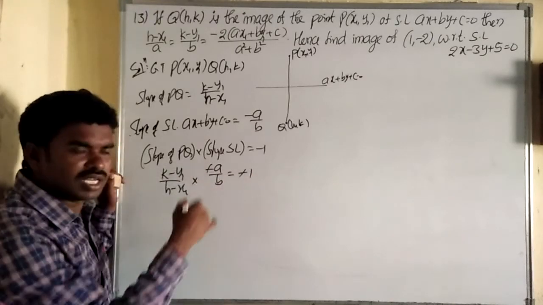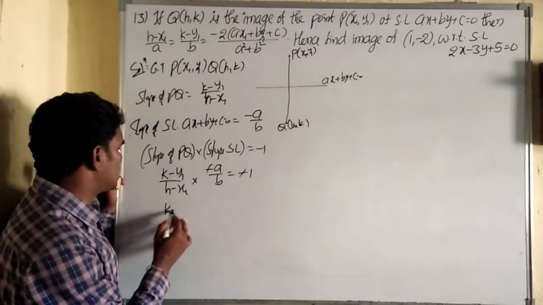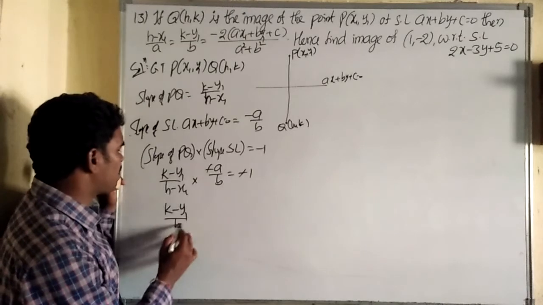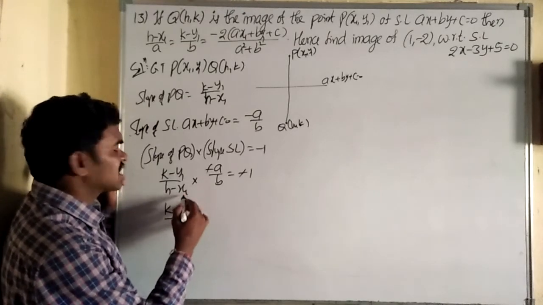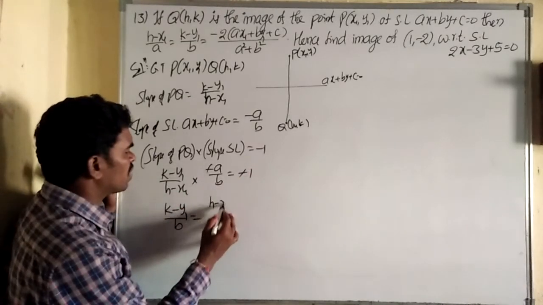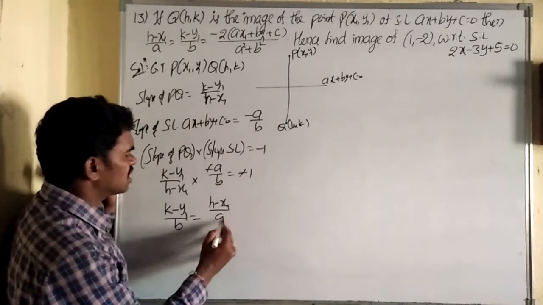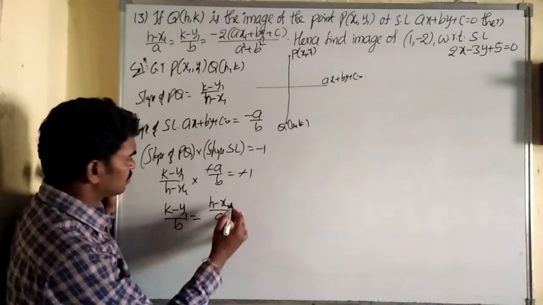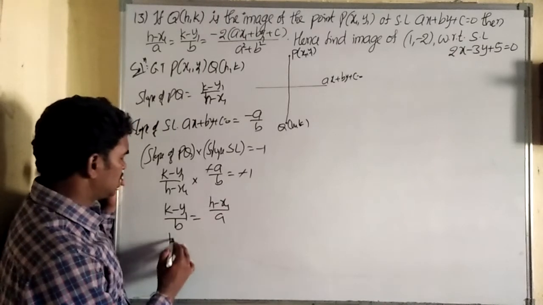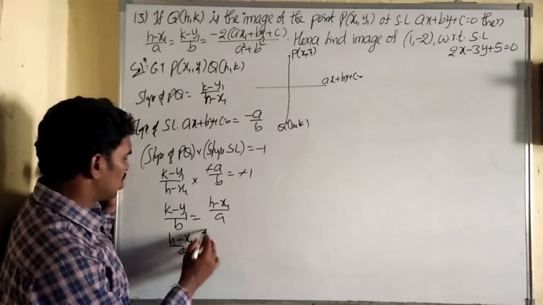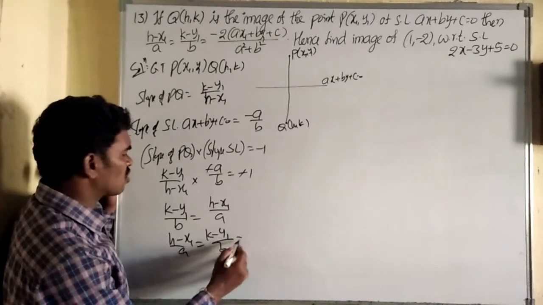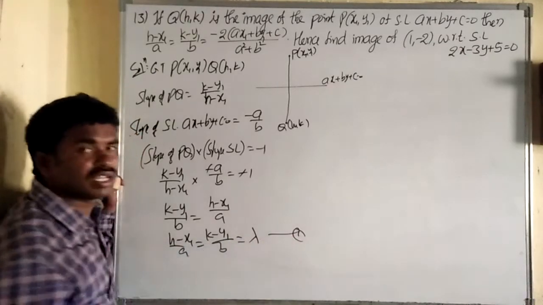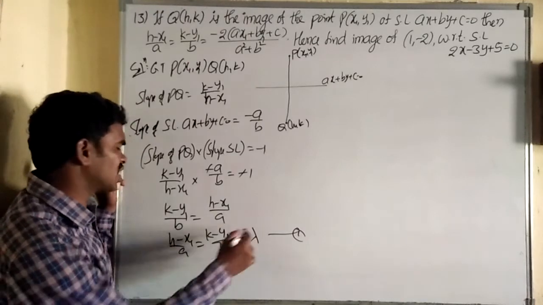Minus minus cancel. Same process. So (k minus y1) by b, keep as it is, equal to (h minus x1) by a. So we can write (h minus x1) by a is equal to (k minus y1) by b is equal to some lambda, equation 1. Same as usual. Now take first and last.